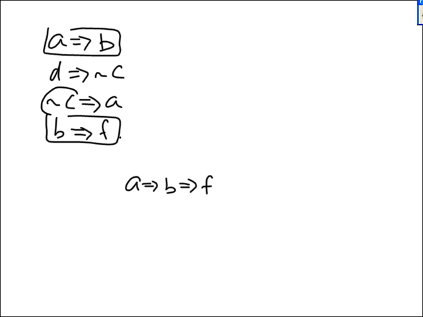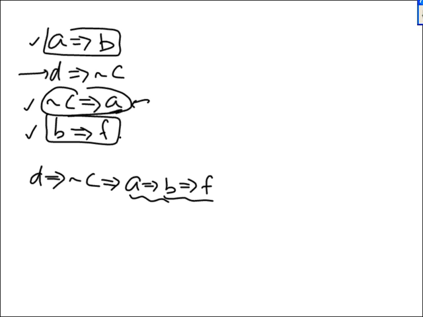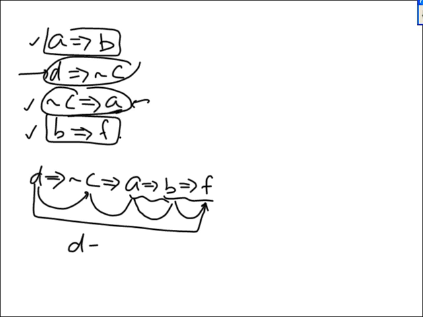Now, this one ends with A. So not C implies A. Right here I use B implies F. Over here I use A implies B. I just use not C implies A. Well, this one says every time you have D, you don't have C. So D guarantees not C, which in turn guarantees A, which in turn guarantees B, which in turn guarantees F. So D guarantees F. And that is my conclusion.